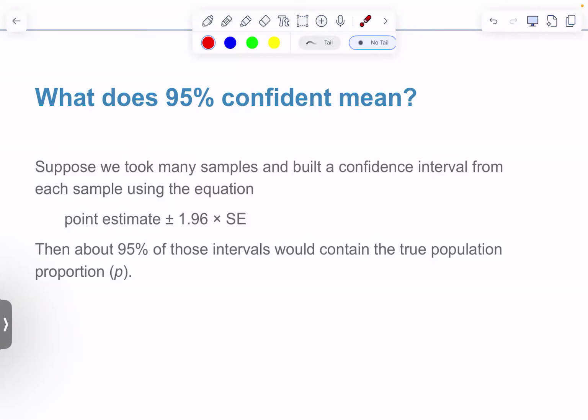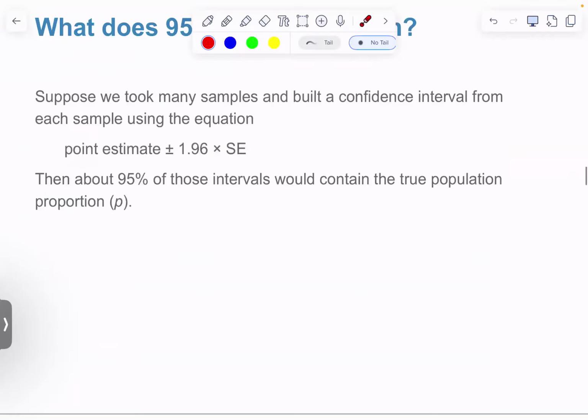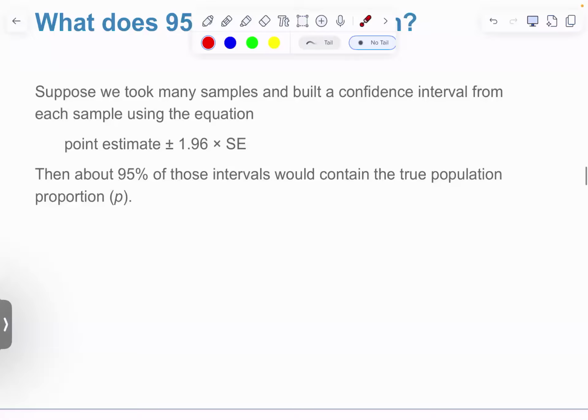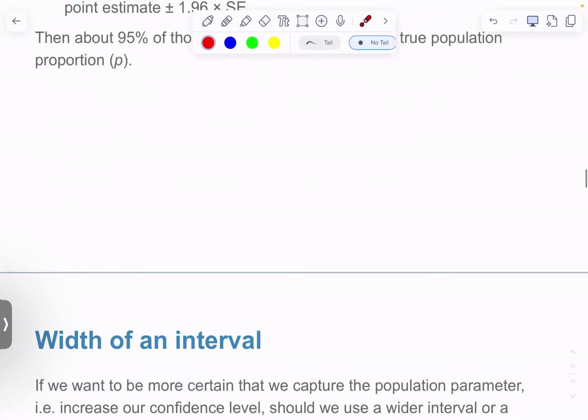And so if we took many, many, many of those, then about 95% of those intervals would contain the true population proportion p. So even if we sampled randomly and all those conditions are met, there's a 5% chance that we just have a bad sample. But we don't know that.